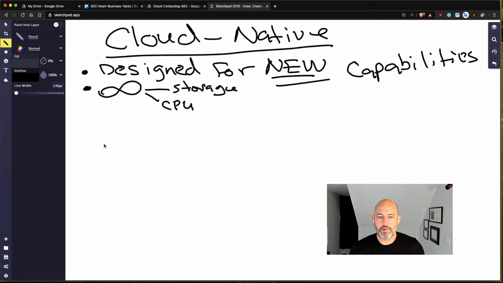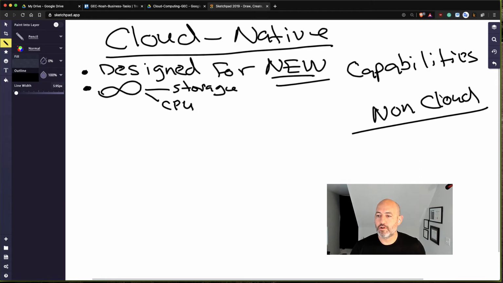So maybe we can put a section here that says non-cloud native technology. A good example of that would be pandas, the most popular framework in Python. We can also say web frameworks.